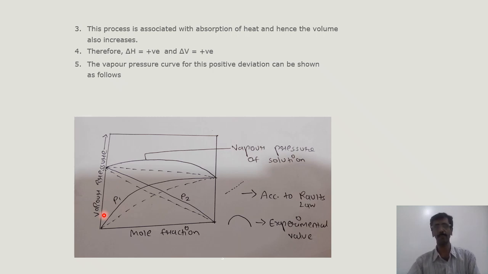you can see in all three places it is above. Above means what? Higher, and higher means increase. Okay, and increase means positive. So in positive deviation you can see this, as I told you in the first point, that the experimental value is going to be greater than that obtained by Raoult's law. So in this way you can see this solid curve is above the dotted line, meaning its values are higher. So the solid line is the experimental values obtained, and the dotted line is according to Raoult's law. Of course, please ignore the spelling, it is Raoult's. Okay, please remember that.